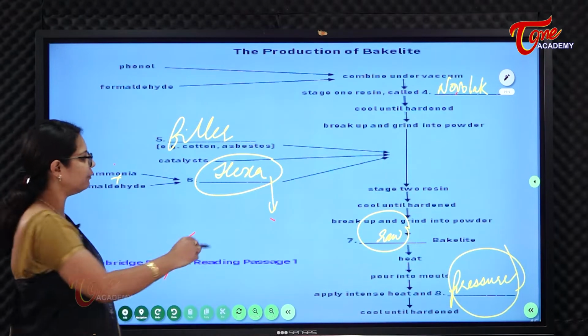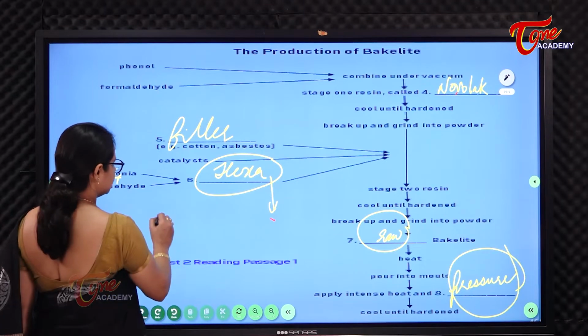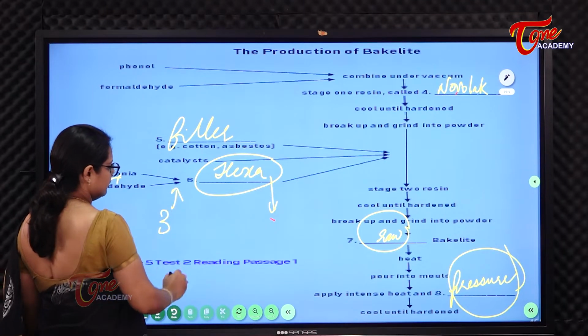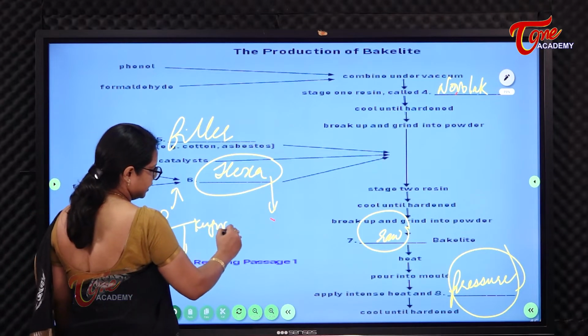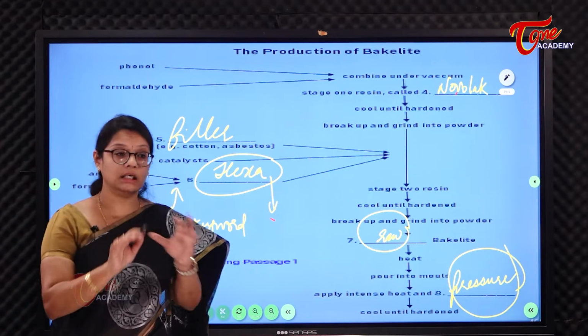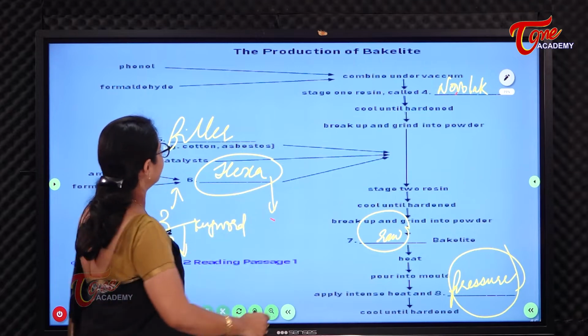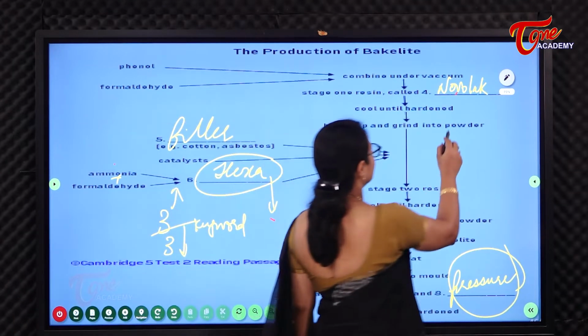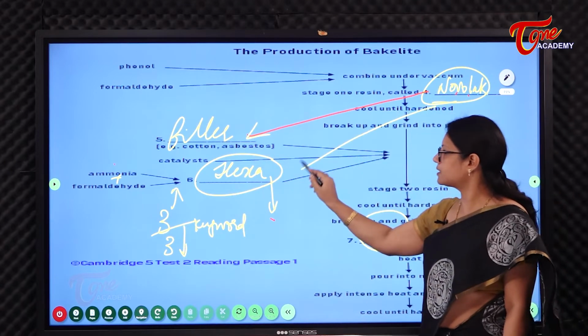So, whenever you identify a keyword, 3 lines above the keyword and 3 lines below the keyword will give you the process, will give you the overall idea of the usage of that particular word, just like we have done here. You go to novolac, you will find filler underlined, you will find hexa also underlined.